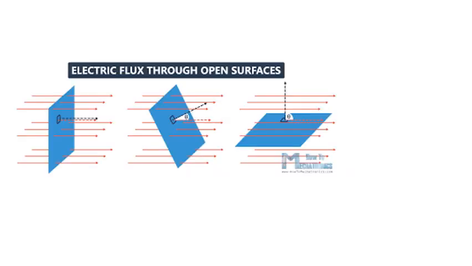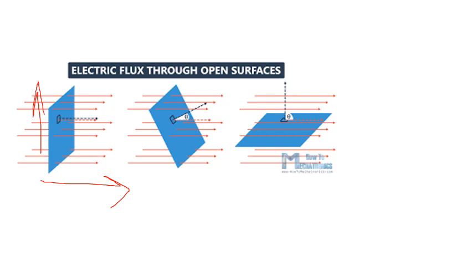Again, try to see the things. Here I have shown three figures. In the first figure, the field line is moving in the x direction and your surface is in the y direction.